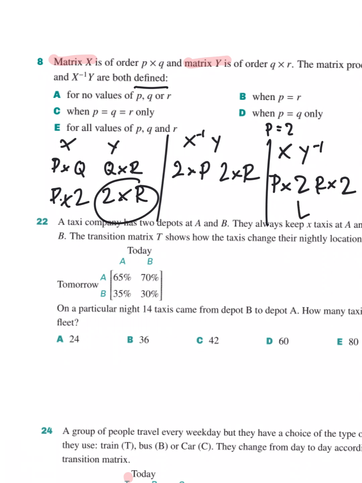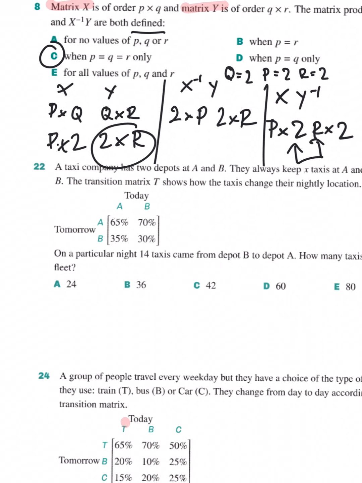That means if this is to be defined, R is also equal to 2. At the start, we said that Q was equal to 2. So all of the values have to be the same. I think that answer will be C, when P equals Q, which equals R.